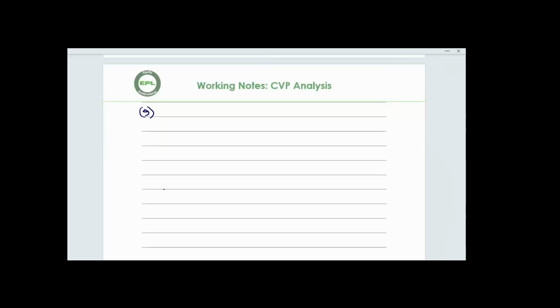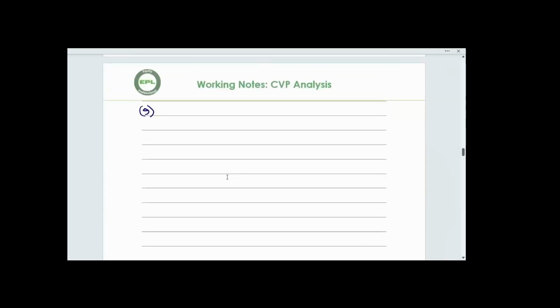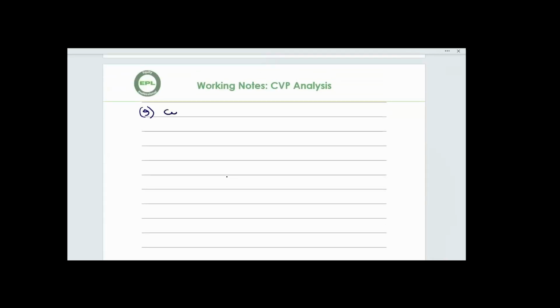In additional information number 5, you are told that 80% of the total revenue is attributable to product B, so 20% is for product A. You can call it composite or weighted average contribution margin ratio.